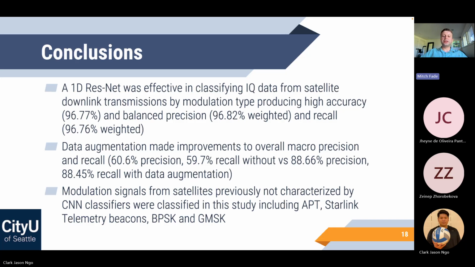And then some modulation signals from satellite downlinks that have previously not been characterized by CNN classifiers were classified by this research. Next slide.